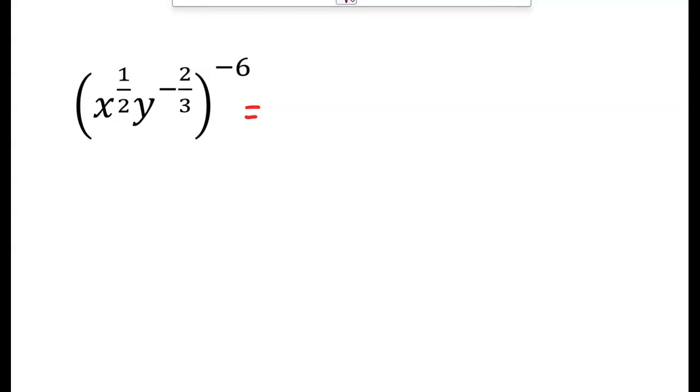So you might need to do this. When I have x here, you might have to go, that's 1/2 times a negative 6 over 1, just so you can see where the numbers are coming from. You'd also go y to the negative 2/3 times a negative 6 over 1. Like, if you have to show that step, am I going to stop you? And for some of you, you might not want the multiplication done. You might want to use parentheses instead if it gets too confusing for you.